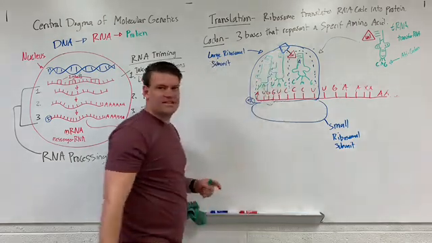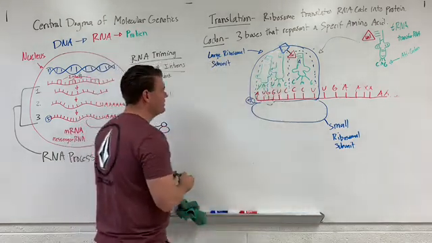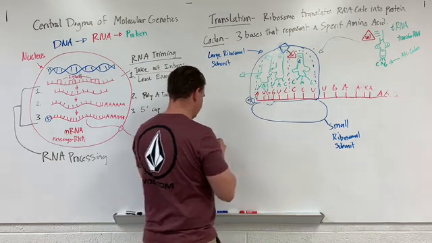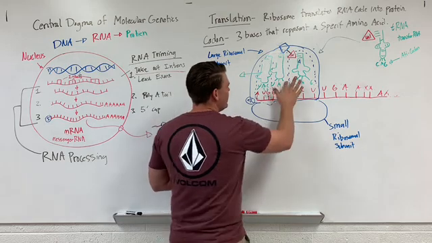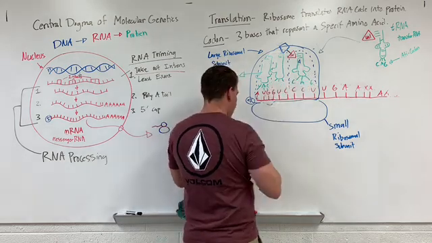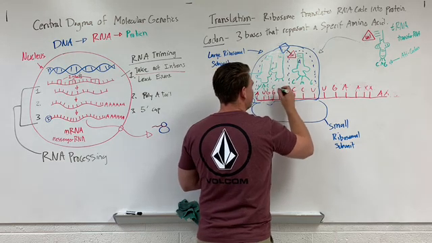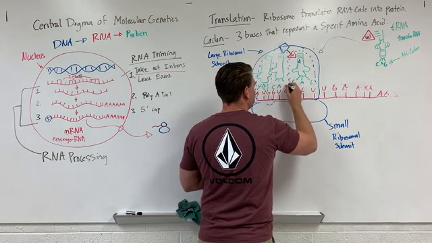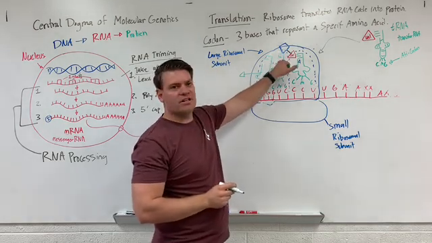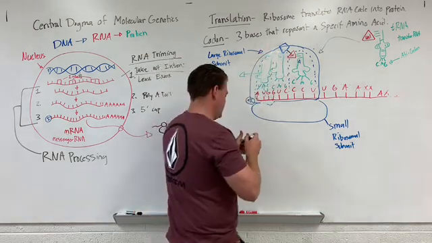Why do we call it the E site? Because E represents exit. So eventually, after it moves here, it's going to exit. Then our second tRNA is going to move over to the P site. P stands for protein, because we're starting to make our protein.